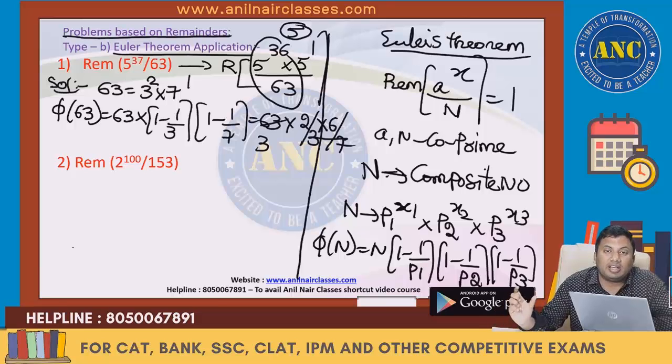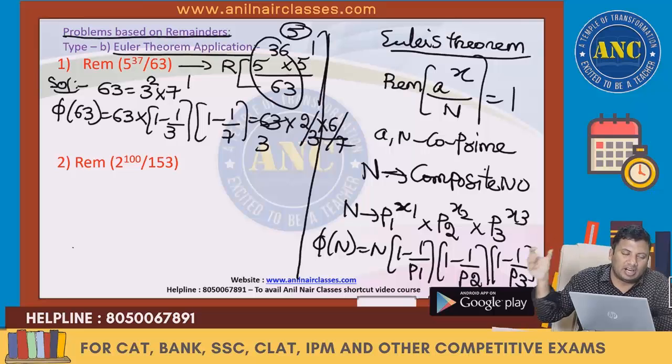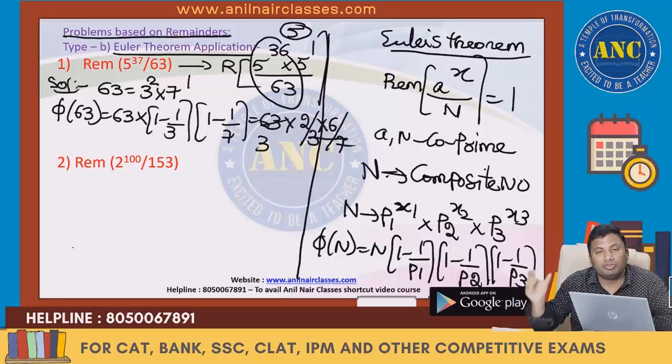So there are 48 numbers divisible by 2. Among those 48 numbers, those not divisible by 3: 48 into 1 minus 1 by 3, 48 into 2 by 3. Among those even numbers, those not divisible by 5: 48 into 1 minus 1 by 5. We will discuss in detail once we discuss the Venn diagram concept.